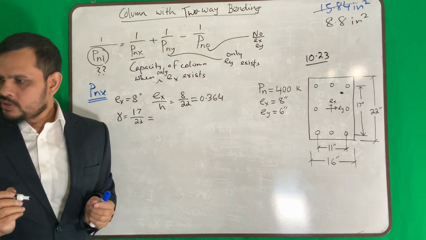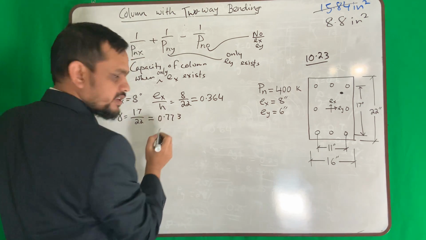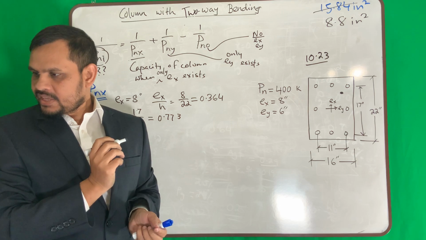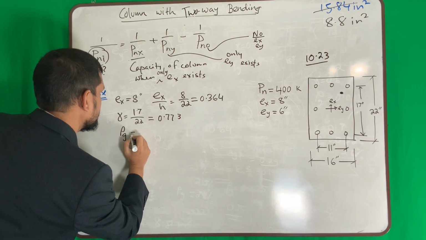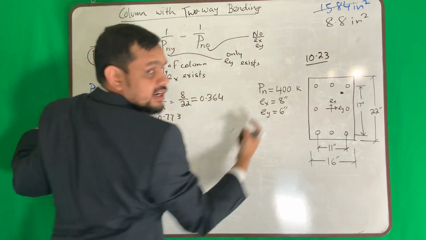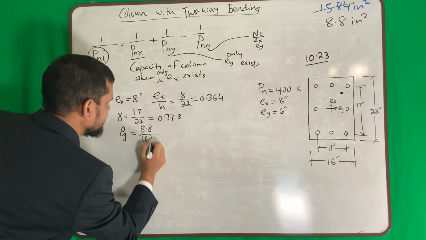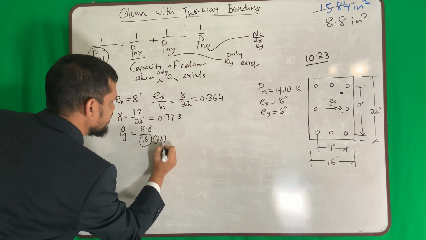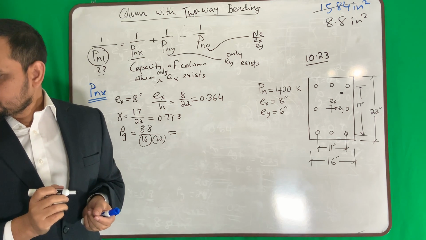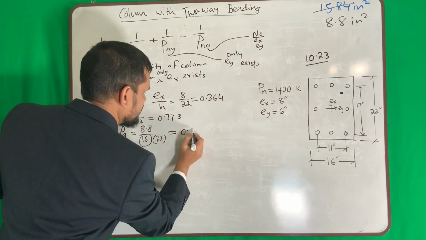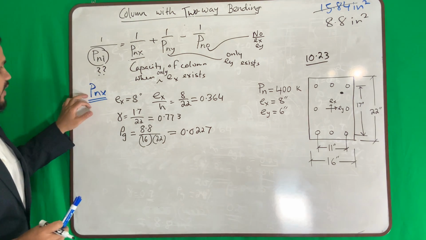I got 0.773. Then what is my rho? My initial rho, I got 8.8 divided by 16 times 22. Then my rho is 0.0227.